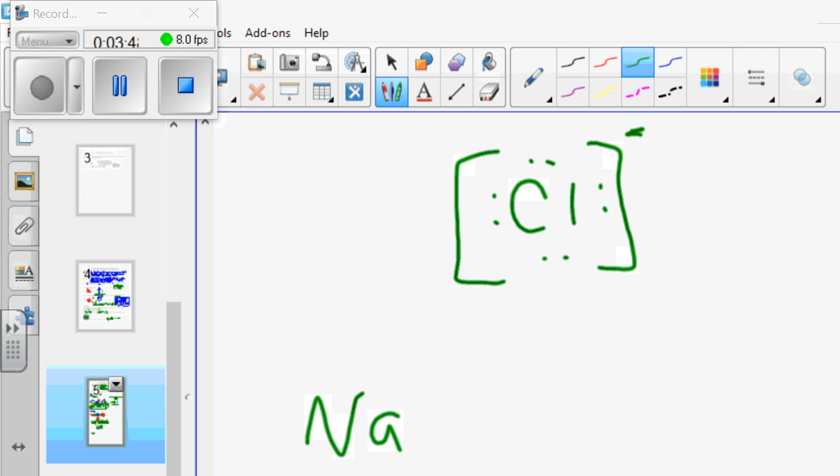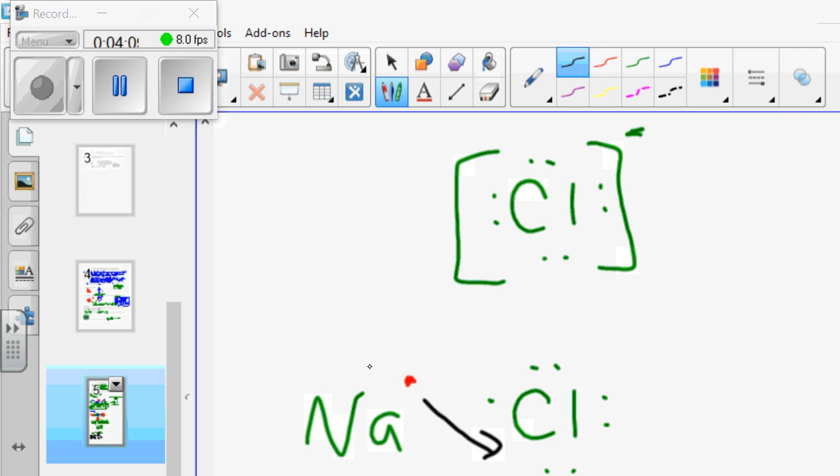Sodium and chlorine. Well, we just finished saying chlorine had 7 valence electrons. Sodium has 1. Well, guess what's going to happen? Na is going to transfer. When it loses an electron, it becomes positively charged. It has no more valence electrons.